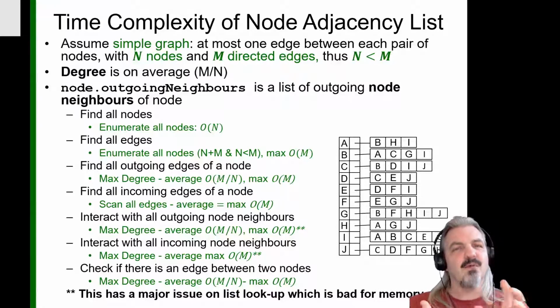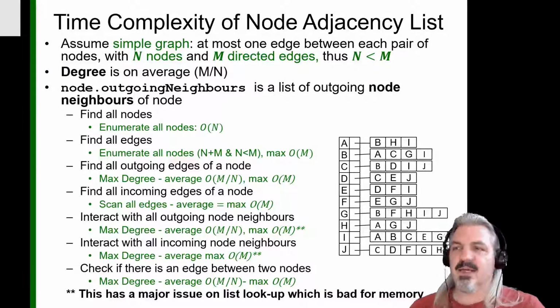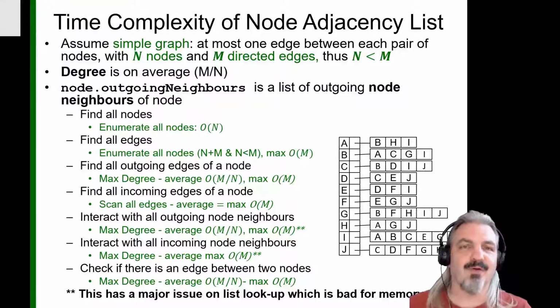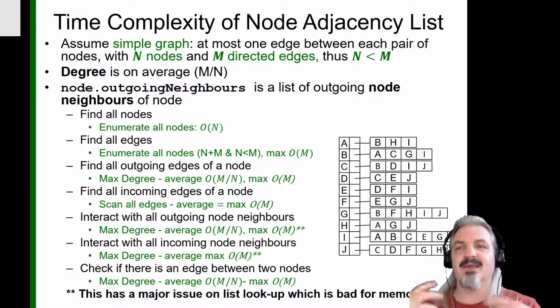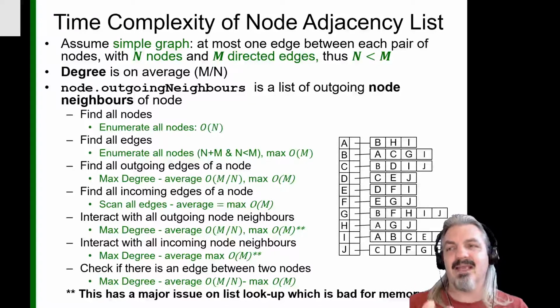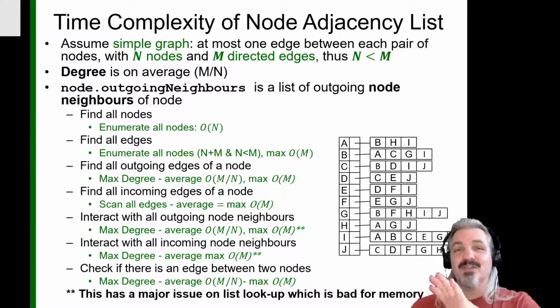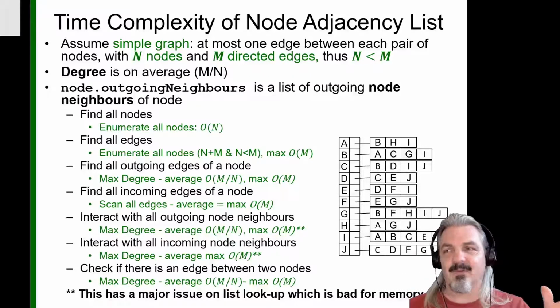So I want you to start thinking, okay, that's the order notation, but what does that mean in real life, right? And that's when jumping around memory becomes the big deal. For interacting with the incoming nodes, you're always going to have to search through all of the edges to find all the incomings, and so that's going to take a while. And you'll not only have to go through them all, but also jump around memory terribly.